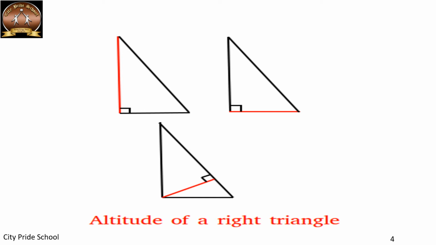Okay, so right angle triangle is also having three altitudes. That means in a right angle triangle, the two perpendicular sides act as altitudes to each other as they make an angle of 90 degrees between them, right? So for a right angle triangle also there are three altitudes as you can see in this figure.